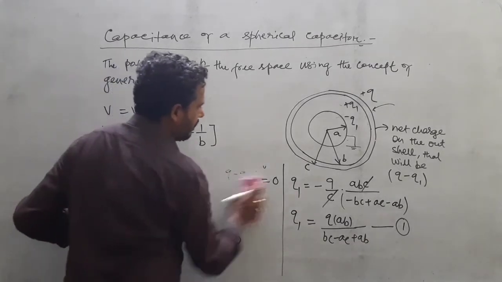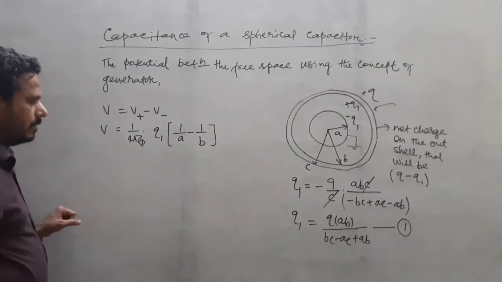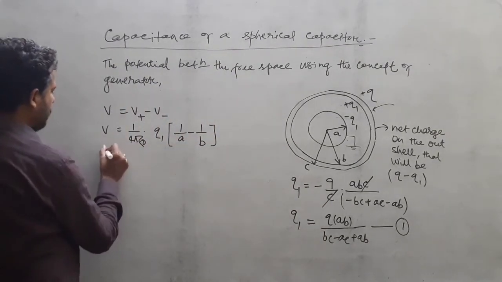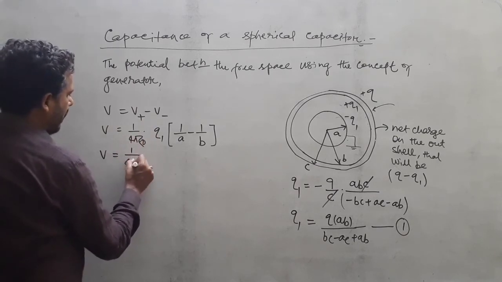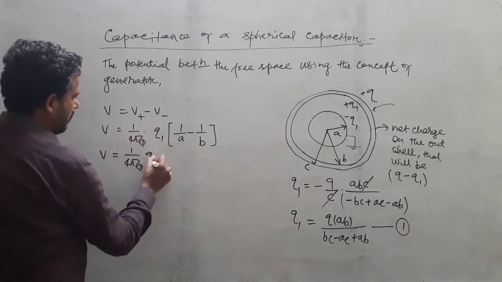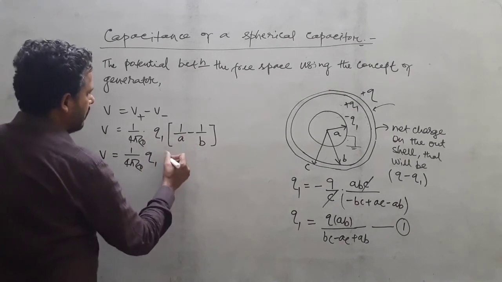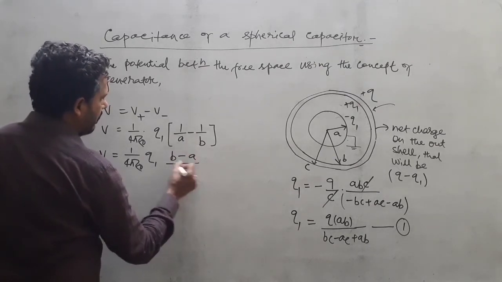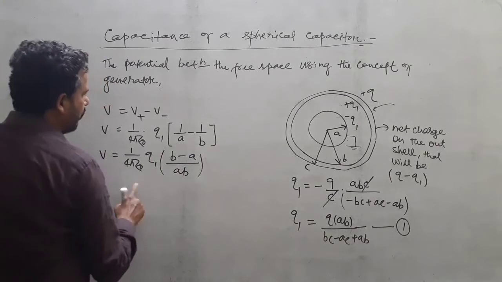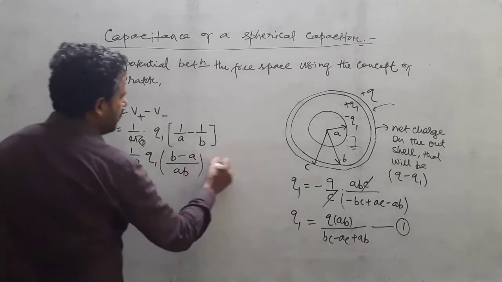So accordingly, your V is equal to 1 by 4 pi epsilon naught. Just solve this equation. After solving, you will get B minus A divided by AB, and then put the value of Q1 from equation 1. You suppose this is equation 2.